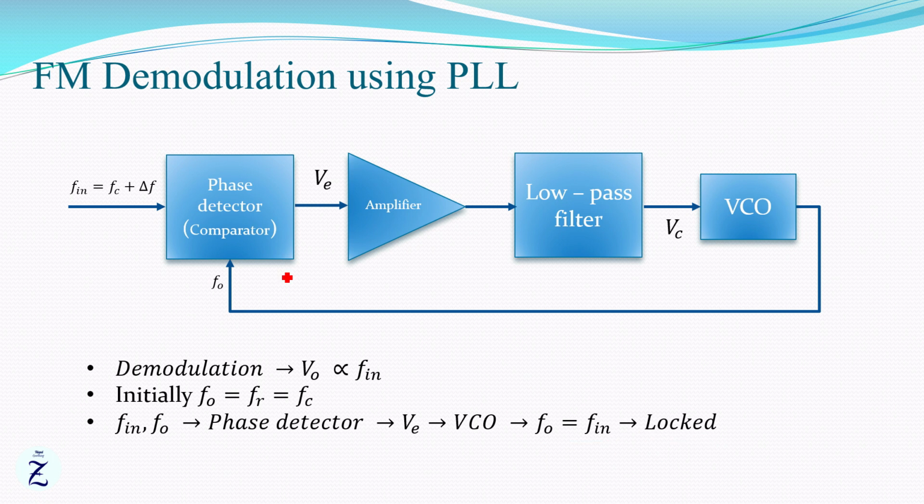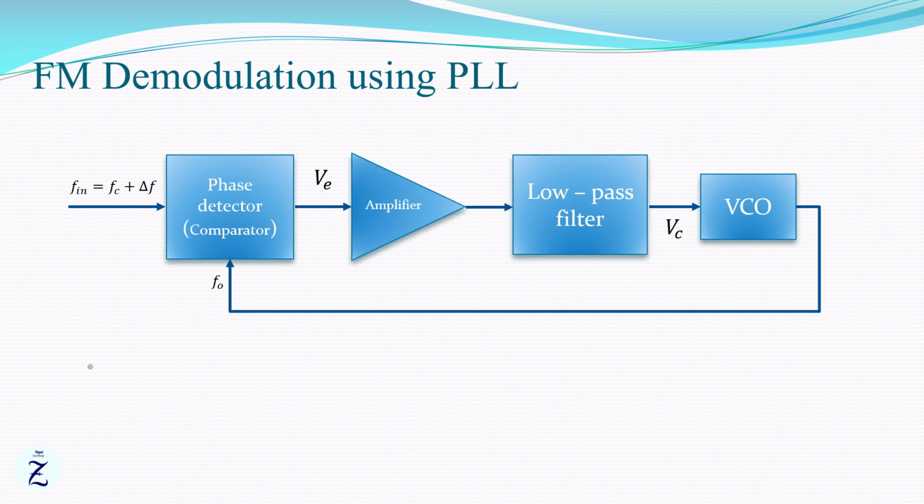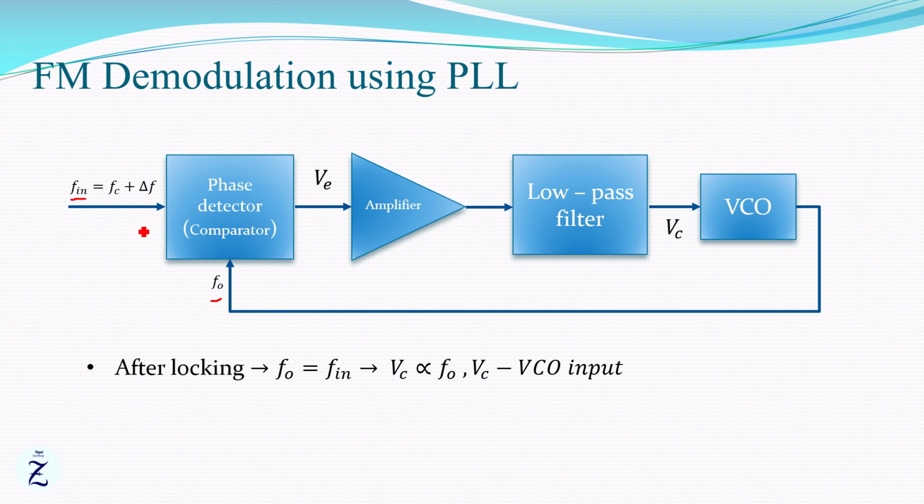The VCO is a circuit that produces a signal having frequency which is proportional to the input voltage. Hence, after locking happens, that is when the VCO output frequency is exactly the same as the incoming signal frequency, the error voltage at this point will be proportional to the VCO output frequency, hence the incoming signal frequency.